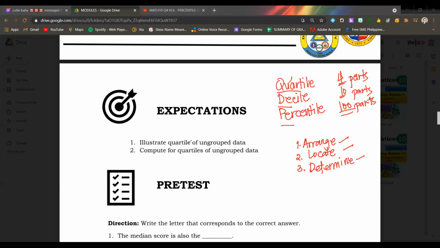Okay? Now, ano yung goal natin for module number 4? You have to illustrate the quartile of ungrouped data. And then, of course, you have to compute for the quartiles of the ungrouped data.